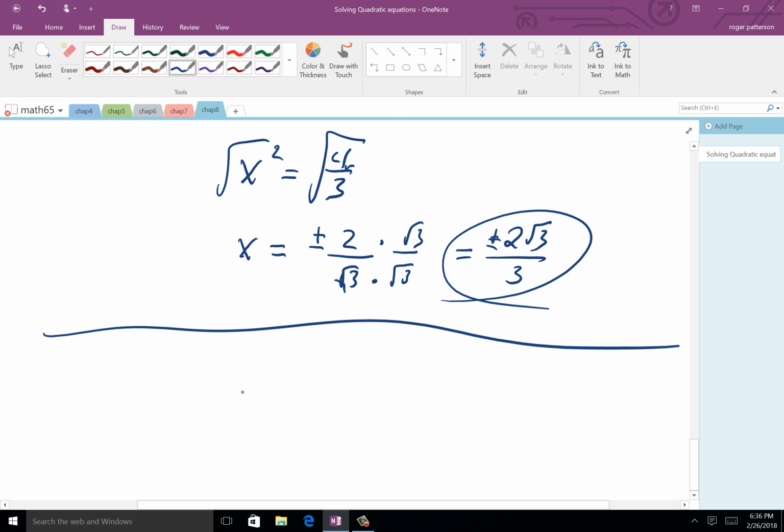We could have some also like this. All right, and in this case, the square is on the outside of these, so we can't subtract 3 because it's inside parentheses like that, so you can't do it. All right, so then you just square root right away.